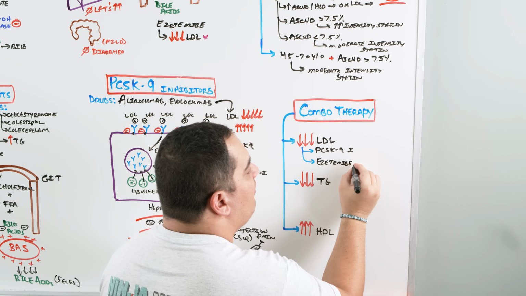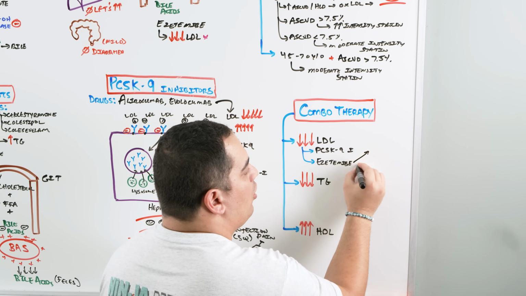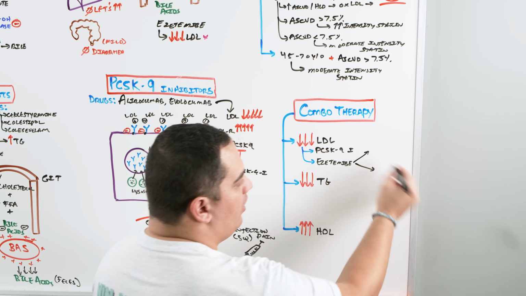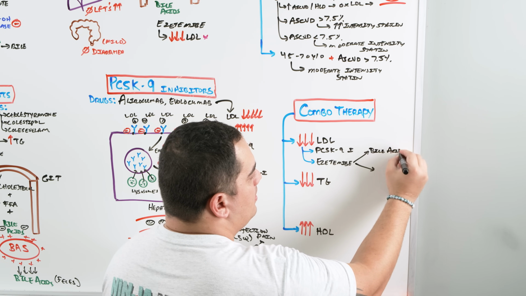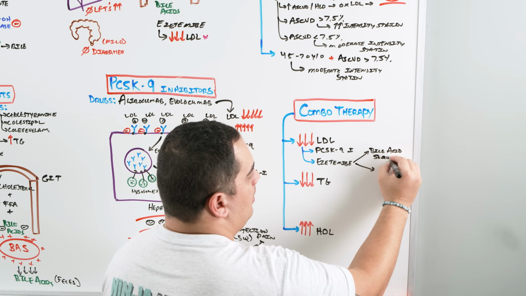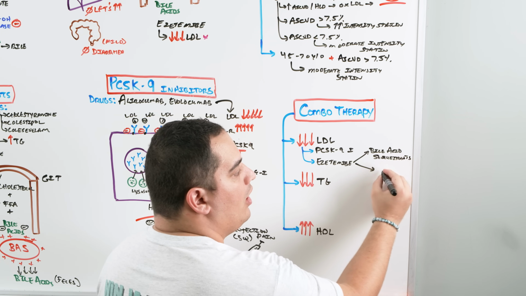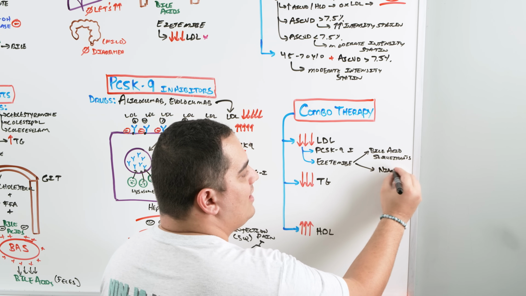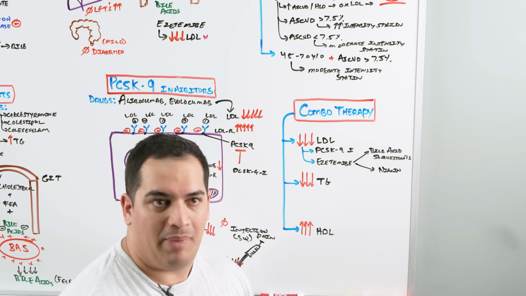Now, if the patient fails ezetimibe or they can't take ezetimibe, then you can add on two other drugs. Then this would be the bile acid sequestrants. Just be careful if they have hypertriglyceridemia. And then the other one would be niacin, because niacin has somewhat of a decent effect on dropping LDL, but it's not going to be the absolute best.